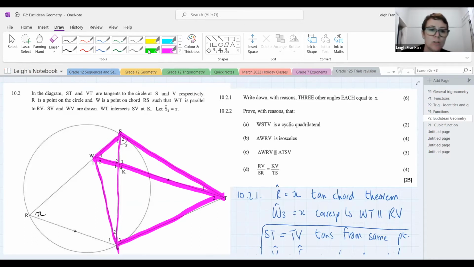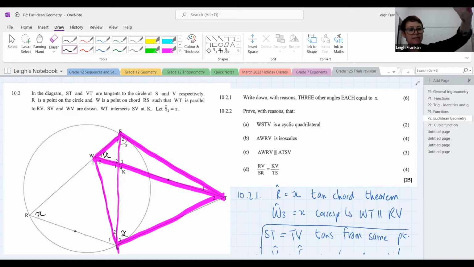Okay. So what do we know is equal to X? Well, we know that S2 is X. We know that W3 is X. We know that V3 is X. And we know that R is equal to X. So inside the bow tie, now this is the part that I need you guys to see. Put your fingers, if possible, at S and T. Now you're going to go from chord ST, you're going to follow to W3 and back to ST, and then from ST to V3.